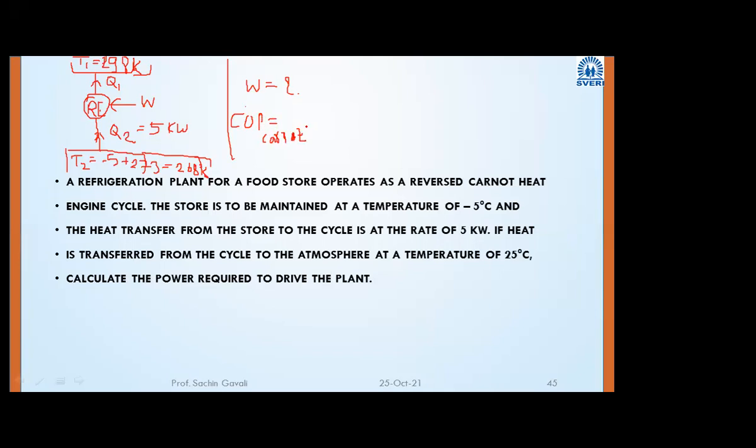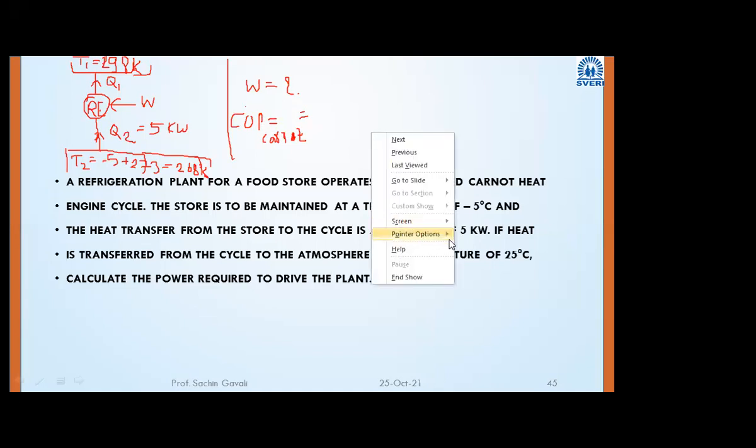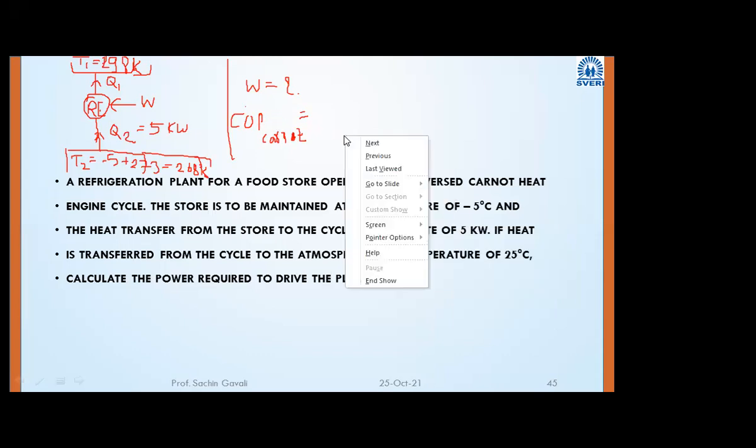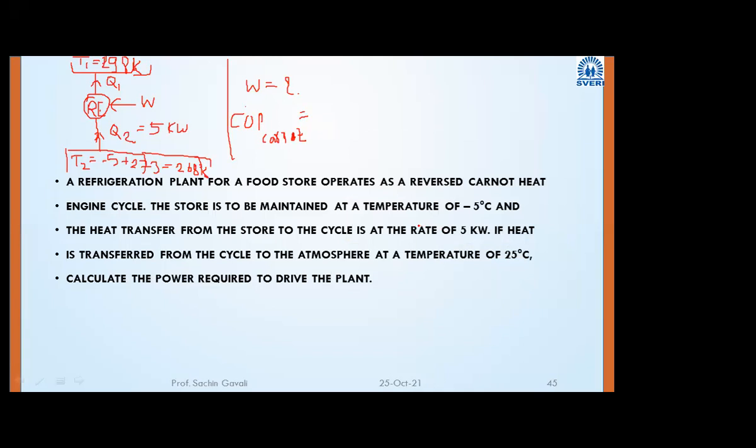COP of a Carnot refrigerator is equal to, anybody? This is a function of what? A function of Q2 upon Q1 minus Q2, that is Q_L divided by W, which is Q1 minus Q2. Am I right?